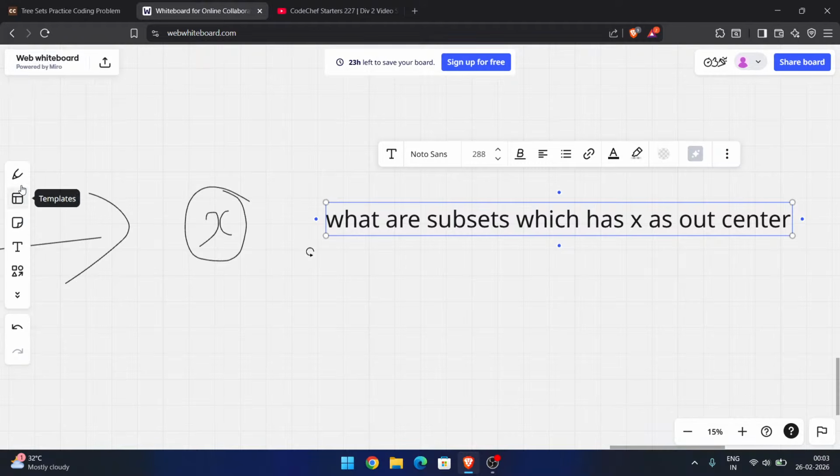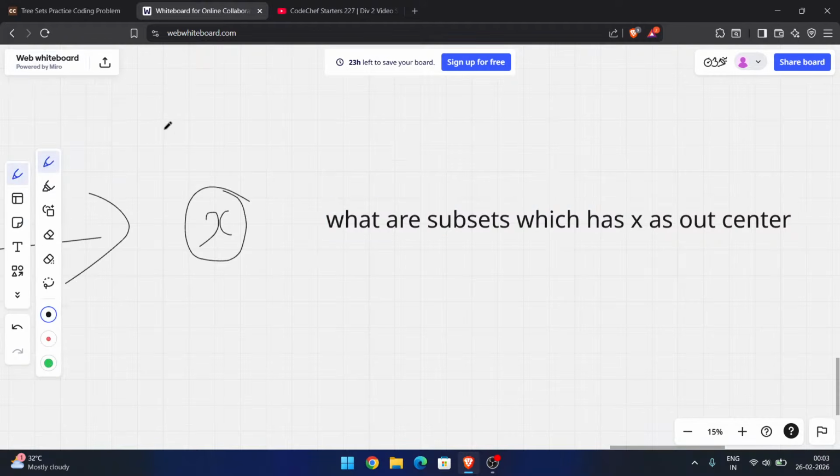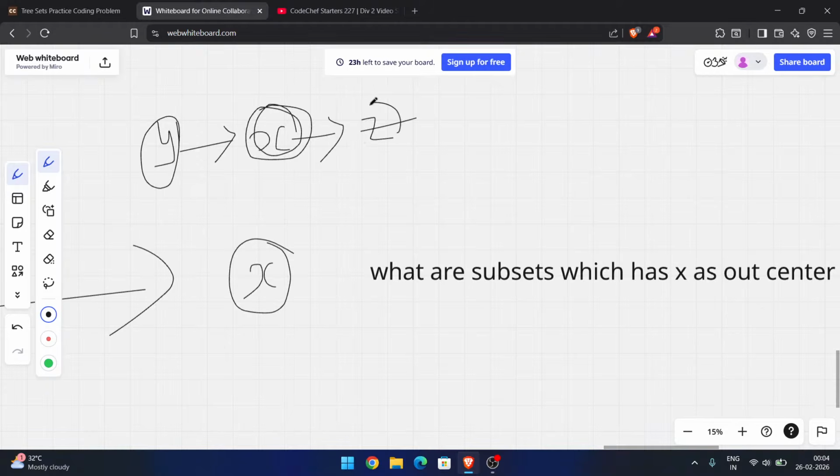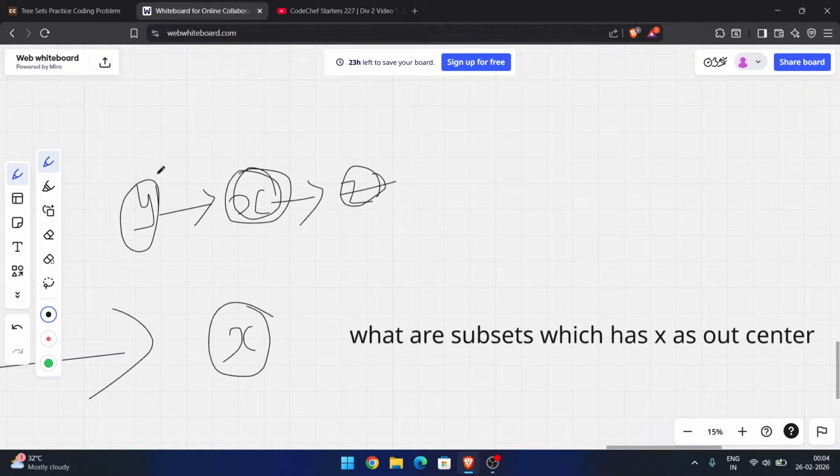So what was the question asking? Let's suppose this is a set. The question was asking that this X should be the same, while Y and Z can be different. So we have to find how many Y's and Z's can all belong to a subset.